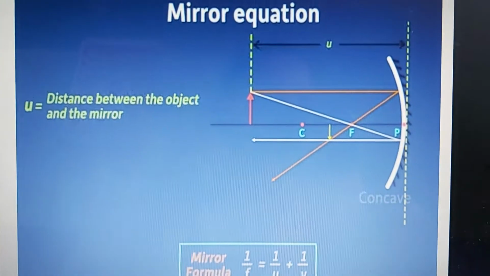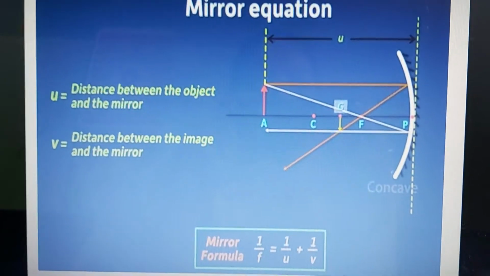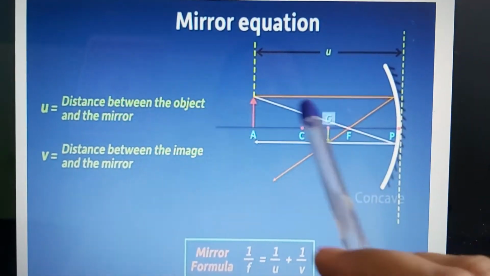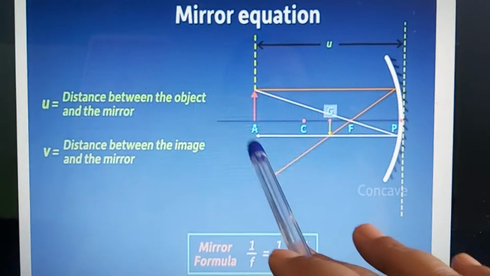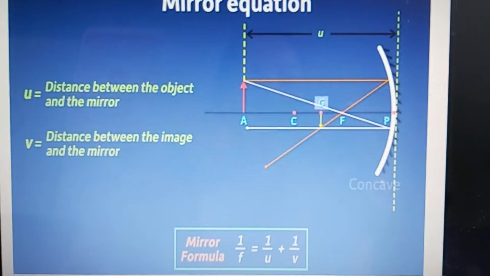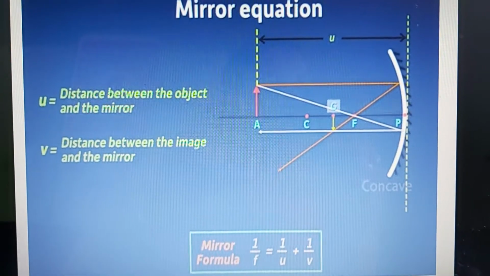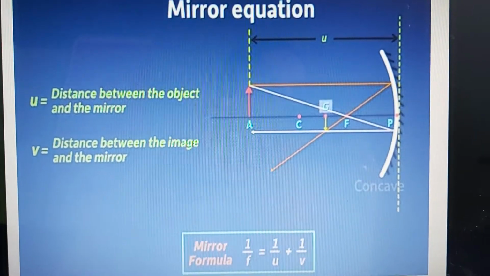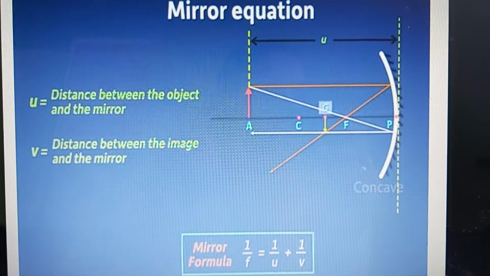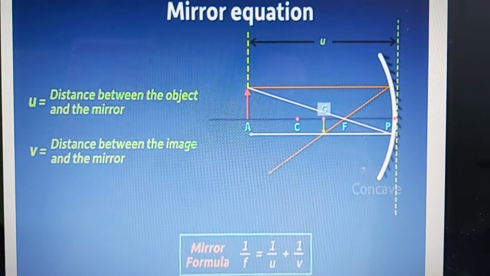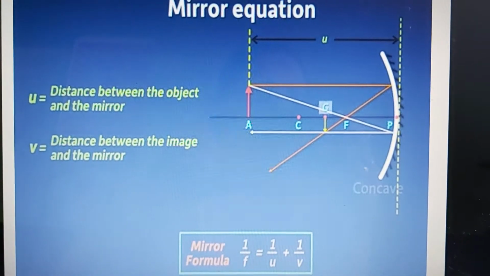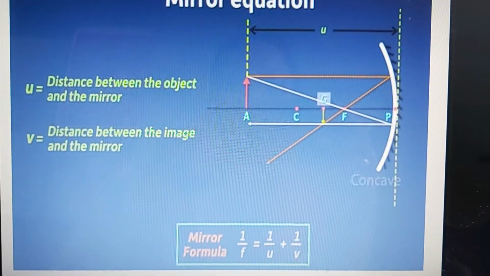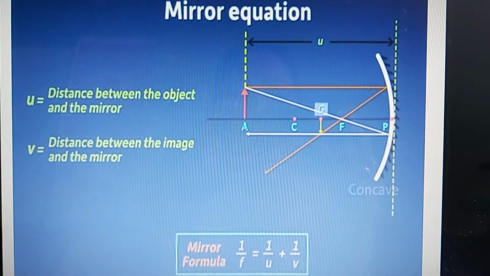That is U. It is the distance between the points A and P. Remember, the distance between two parallel lines will always be the same. So this distance is nothing but the distance between the points A and P. So U equals the distance between the object and the mirror.